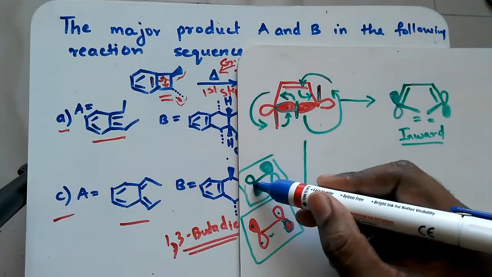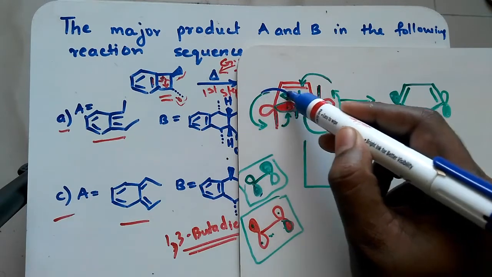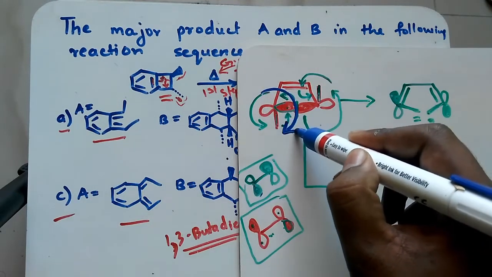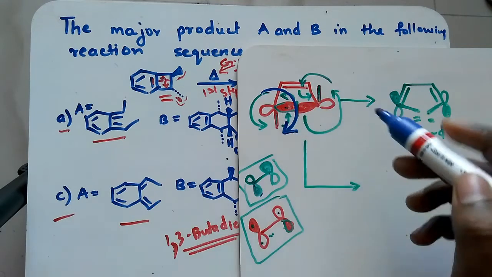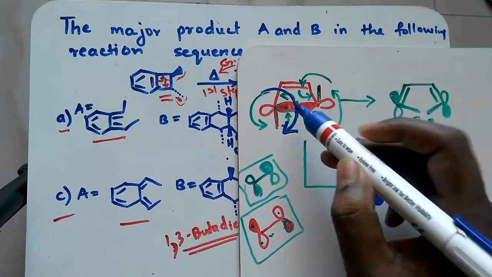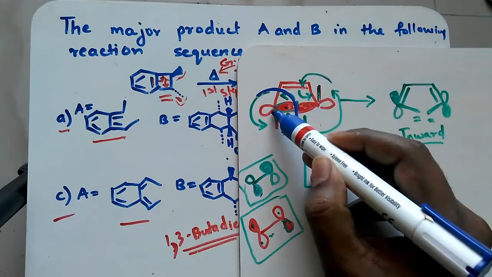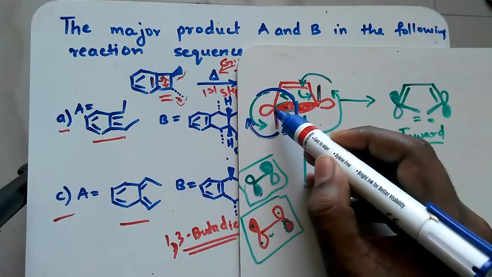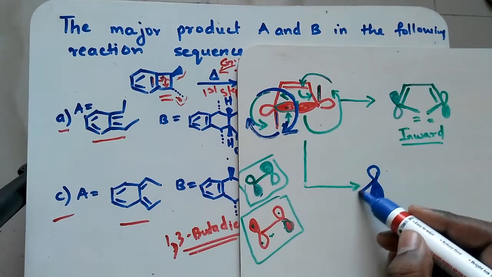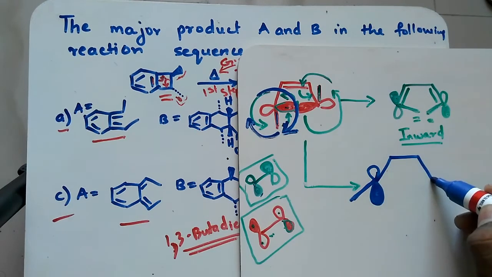To get this down, I have to rotate this part in the clockwise direction. Once you do it in the clockwise direction, this part will come below. Since you are rotating it clockwise, this group goes outward. It comes here. I am drawing the other part.